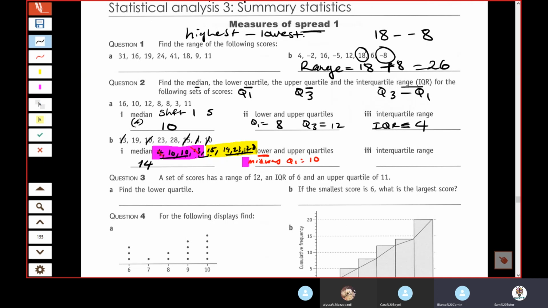The other one, midway for Q3, will be the yellow. So that one would be cross out, halfway of 19 and 23, 21. Yeah, pretty sure it's 21. Interquartile range, 21 minus 10, 11.